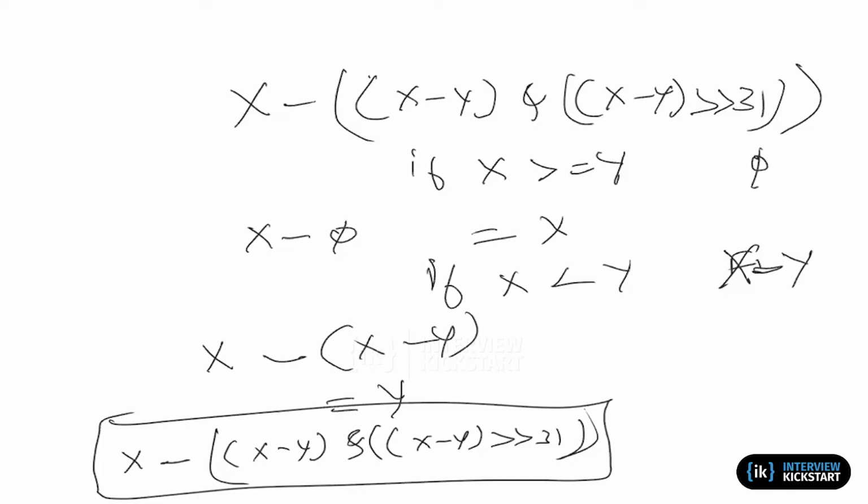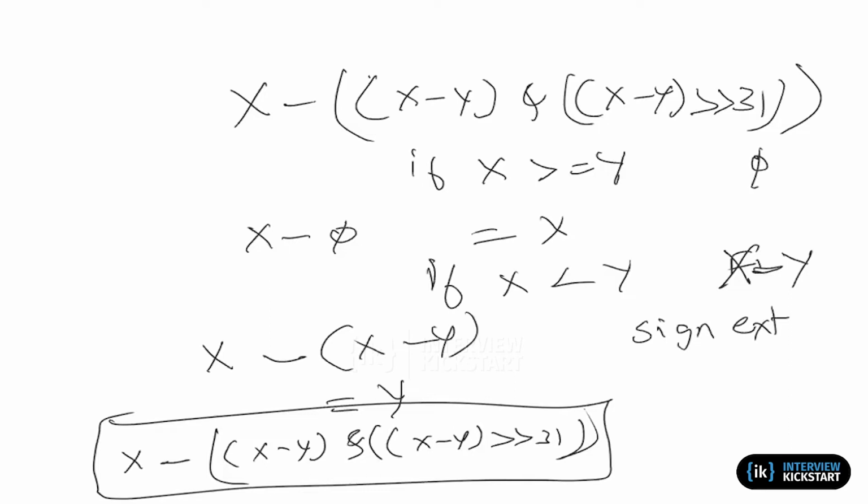The idea is that you don't do the comparison; you use the sign bit, and you can write this expression where there is no comparison. The key thing here is sign extension. This trick works only on architectures which do sign extension when you do the right shift.